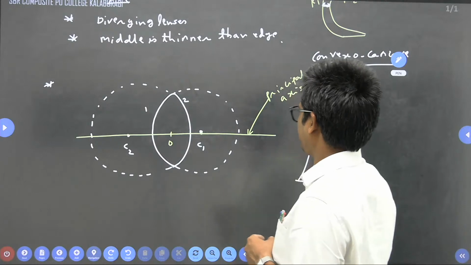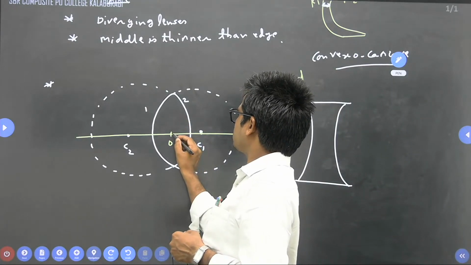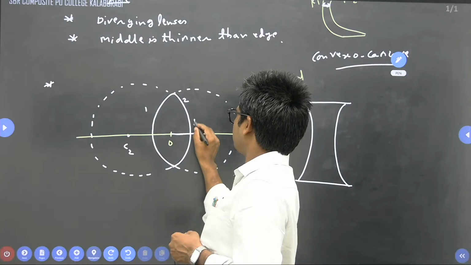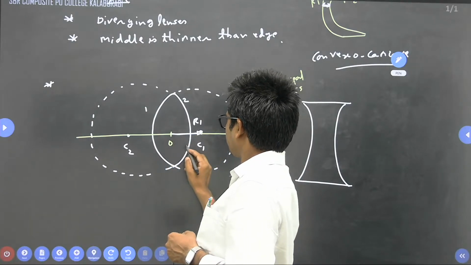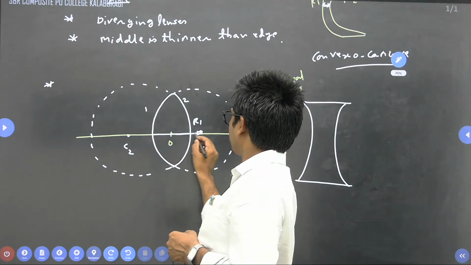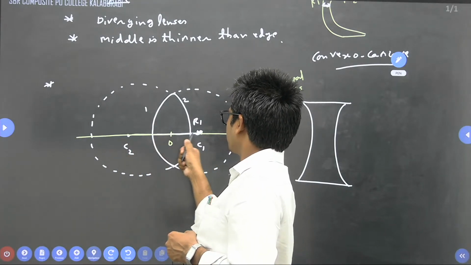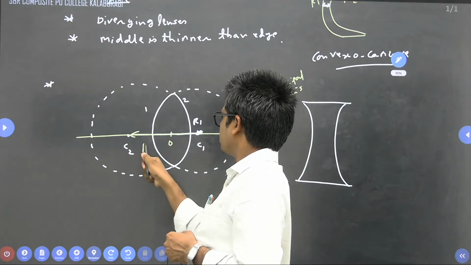Right or not? Now there are two radii of curvature: this is the radius of curvature of the first surface, and this is the radius of curvature of the second surface.